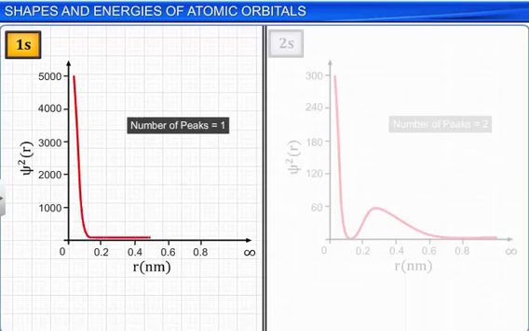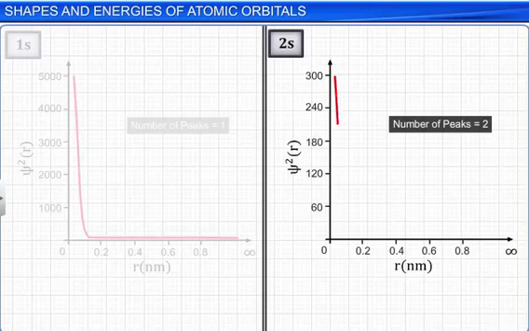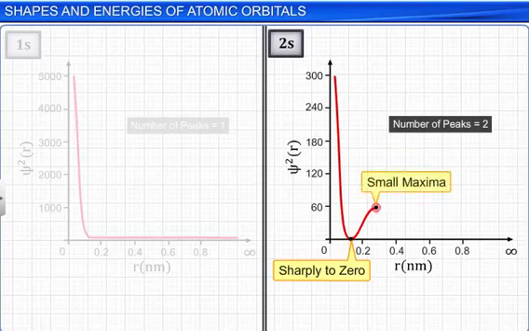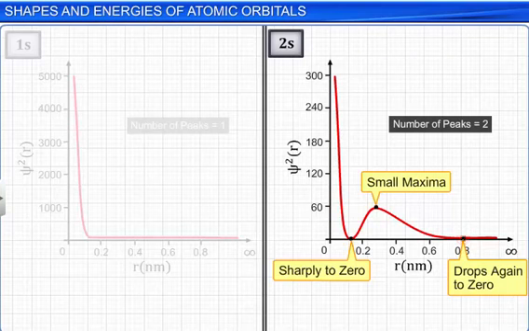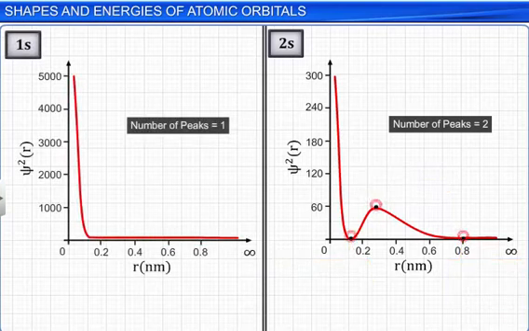On the contrary, for 2s orbital, the probability density first decreases sharply to 0 and then increases to reach a small maxima before it drops again to 0 with the increasing value of the radius. The region where the probability density function reduces to 0 is called radial nodes or nodal surfaces or nodes.